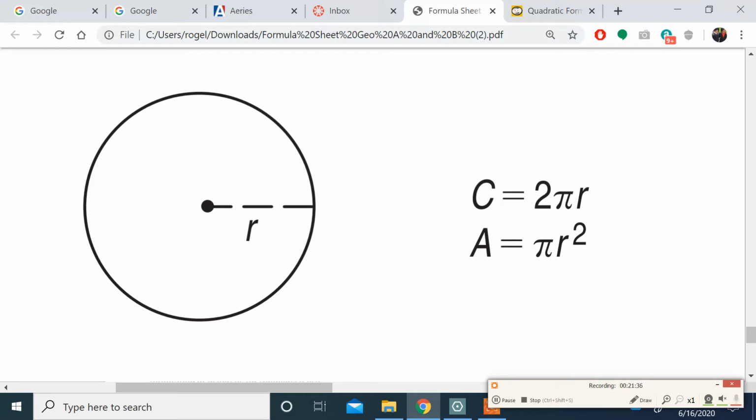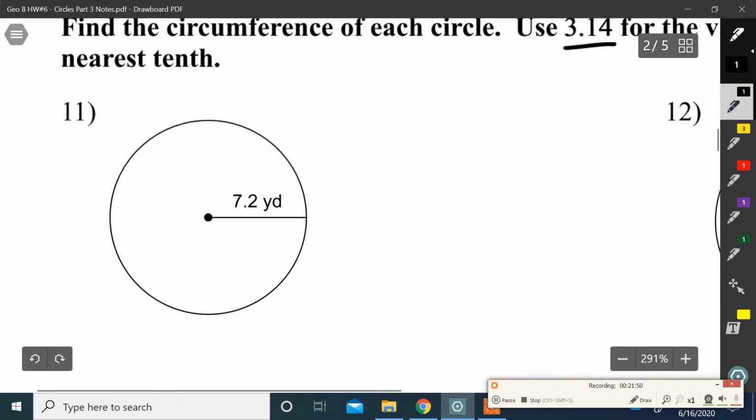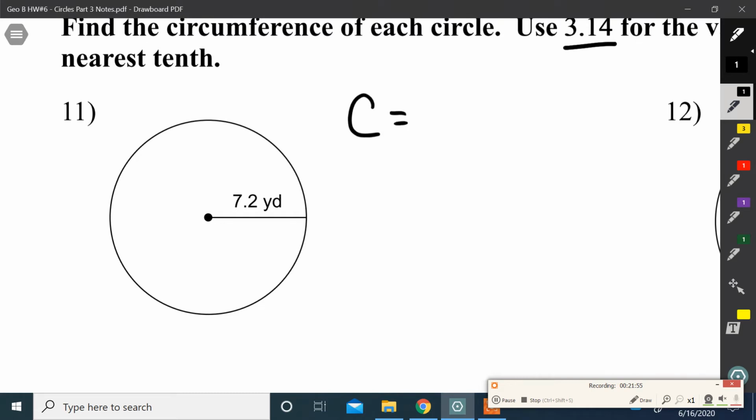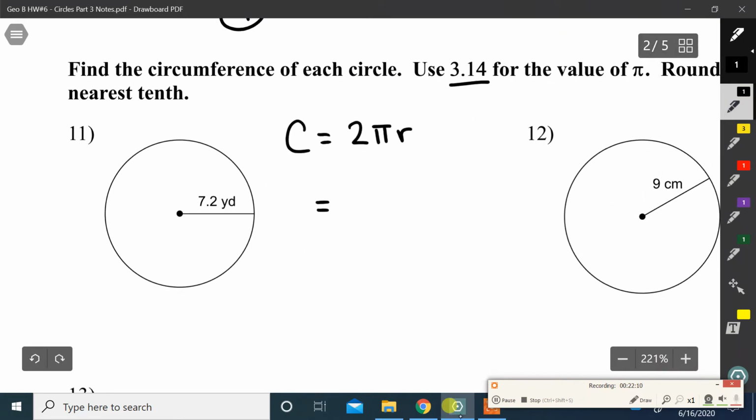Awesome, guys. All right, so let's go ahead and go back to our worksheet here. Find the circumference. Well, the formula for that is this one here. The circumference, and the formula for the circumference, once again, is 2 pi r. Okay, so read the instructions very carefully. It's saying to use 3.14 for pi.